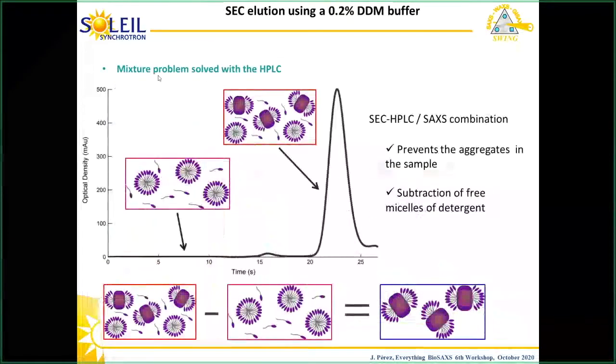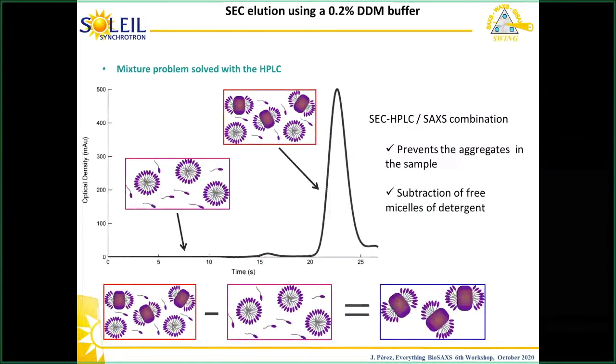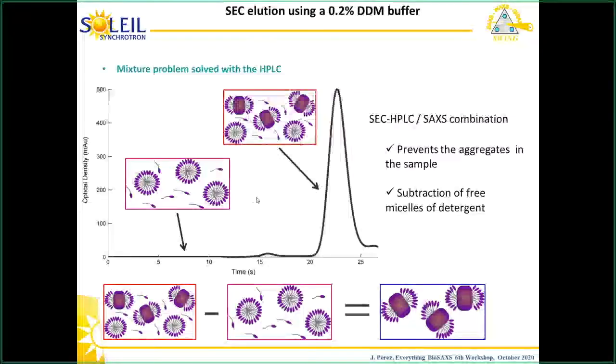So the mixture problem is directly solved by using the size exclusion chromatography online. Since if you pre-equilibrate your column with a solution of detergent above the CMC, you will have these free micelles at a given concentration throughout the whole column.